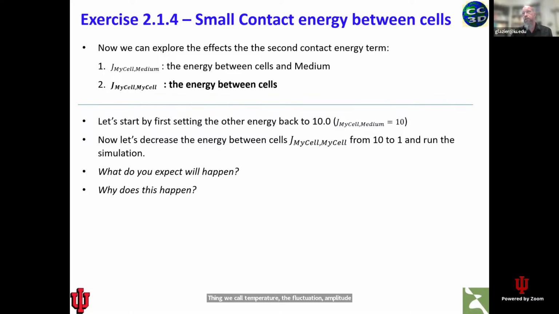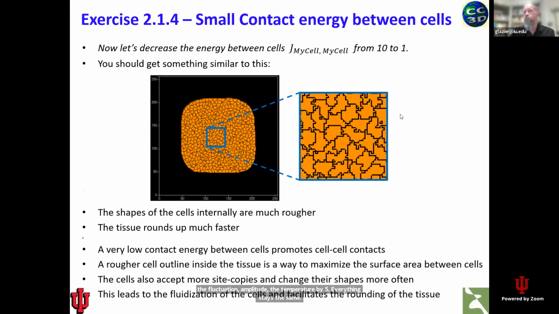And so if you multiply the cell medium, the J's, the contact energies, by 5, and the fluctuation amplitude, the temperature, by 5, everything stays the same. So if you make the cell-cell contact energy very small, the cells get very crumpled up. The cost of creating surface is small, and so the boundaries get very crumpled up.